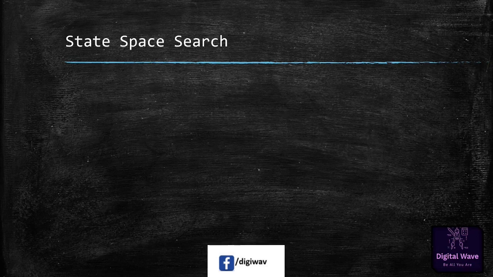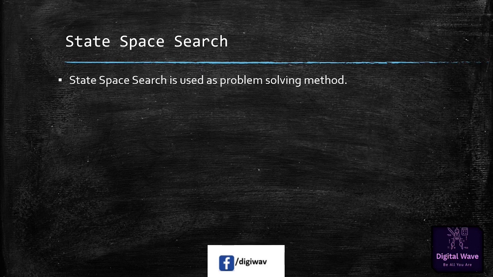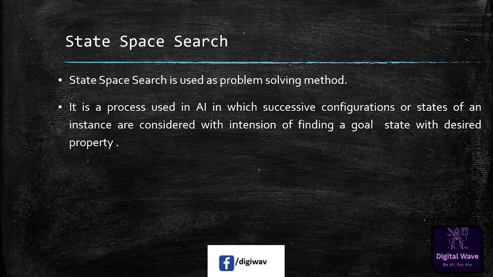Now we will discuss the meaning of state space search and why we are using it. State space search is used as a problem solving method. It is a process used in AI in which successive configurations or states of an instance are considered with the intention of finding a goal state with a desired property.